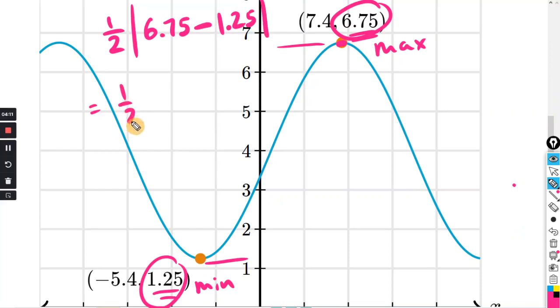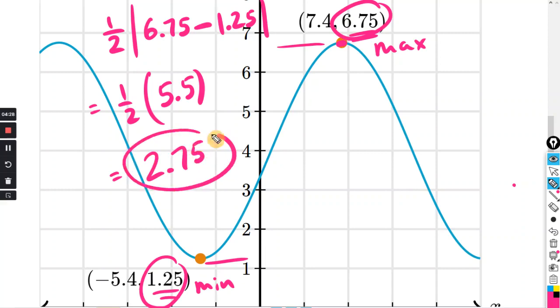So that's 1/2 times 5.5. And half of 5.5 is just 2.75. And that's it. Again, distance or amplitude is always positive. So this distance right here would just be 2.75. That is our amplitude.